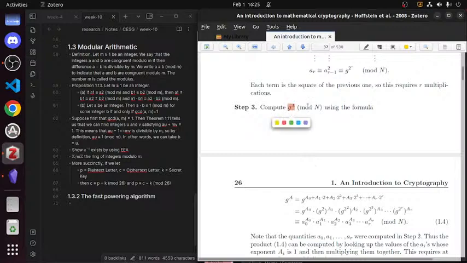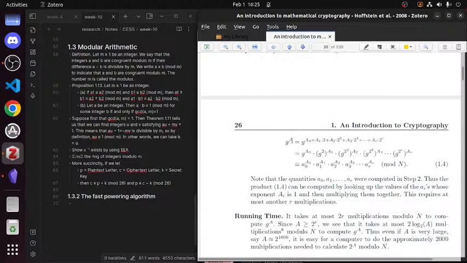Compute g to the A mod n using the formula. So g to the A, we know we're mod n. You have all these A's. This looks more interesting. So you go g to the A_0, g to the 2 A_1, g to the 2^2 A_2, g to the 2^3 A_3.